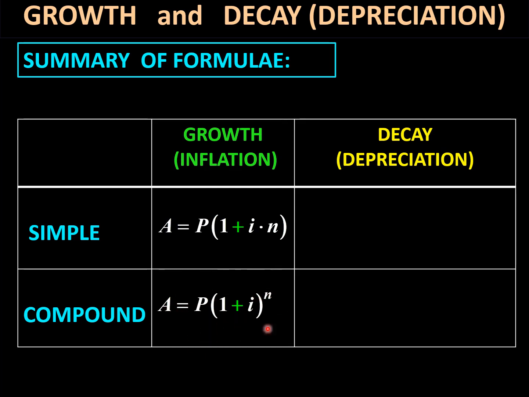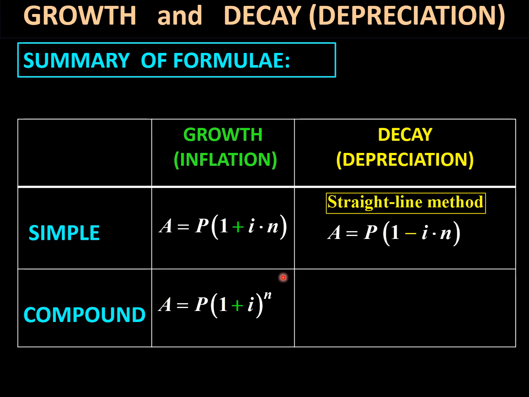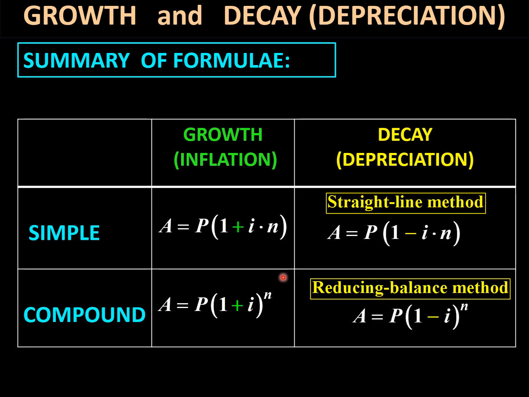This is what we use if we talk about inflation. Then decay: we'll have the simple decay, which is also known as the straight line method, and that's the formula we use. And then for compound decay, which is also known as the reducing balance method, that's the formula we use. Please note that inflation here applies to the compound, not to the simple.